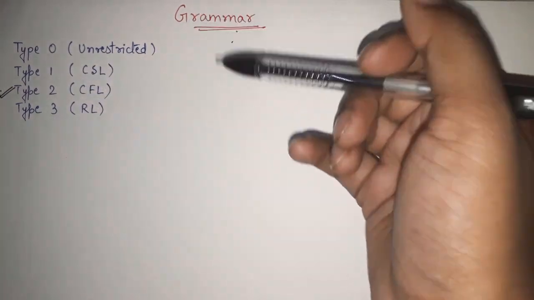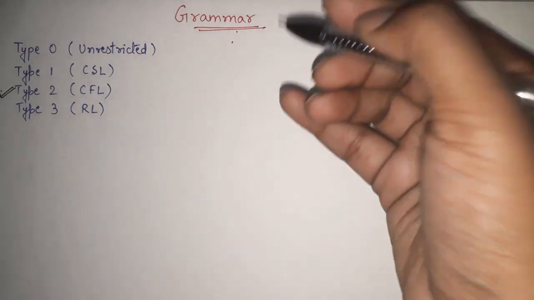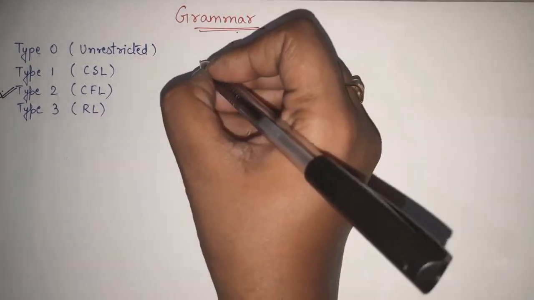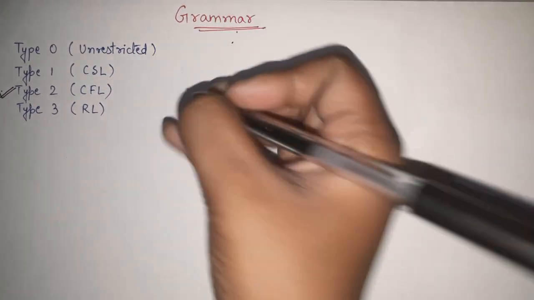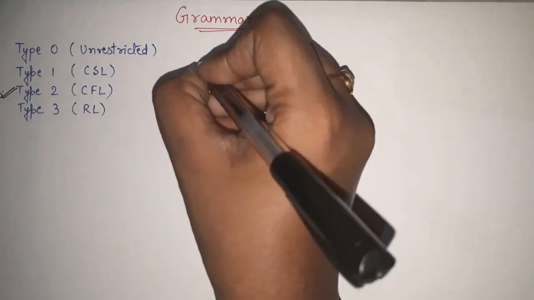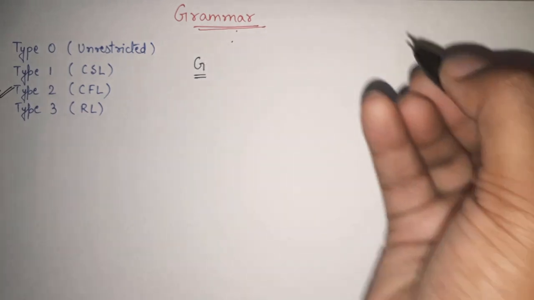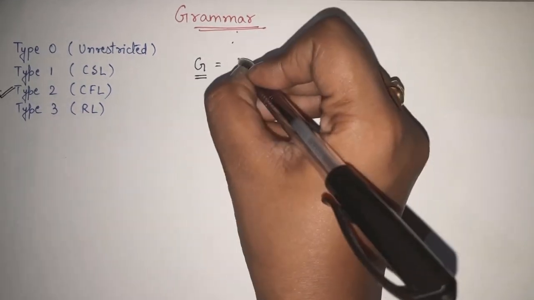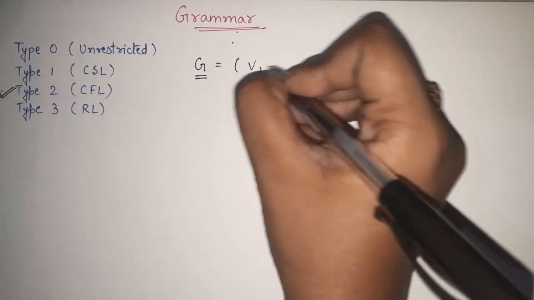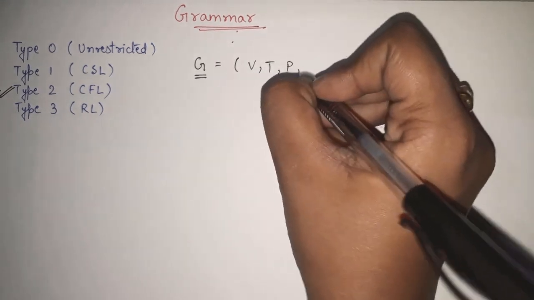So a context free grammar is denoted by G. Basically the 4 tuples used to define any grammar are: G is equal to V, T, P, S.